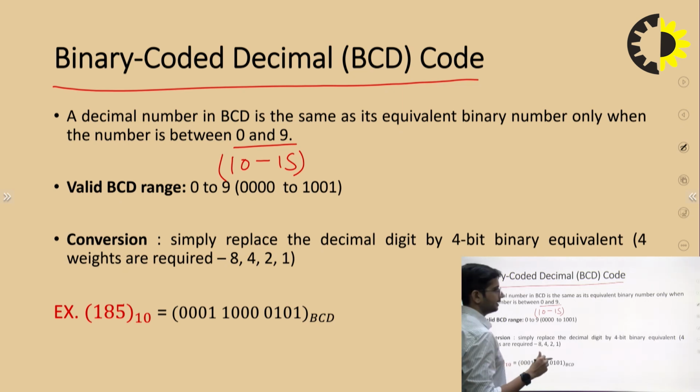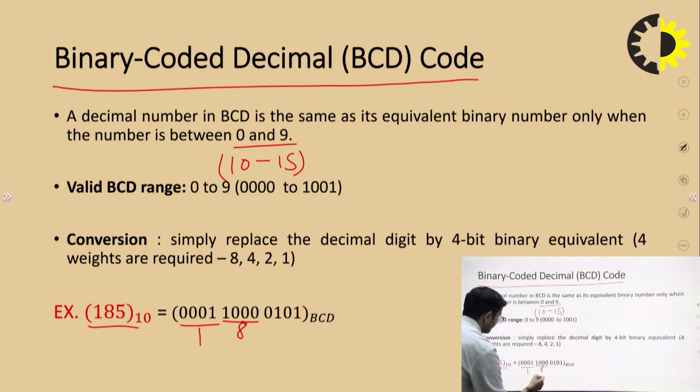We just represent each decimal digit by its equivalent 4-bit binary number. Like for 185, 1 is represented by 0001, 8 is represented by 1000, and 5 is represented by 0101.